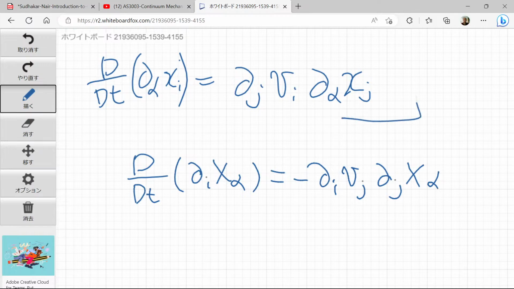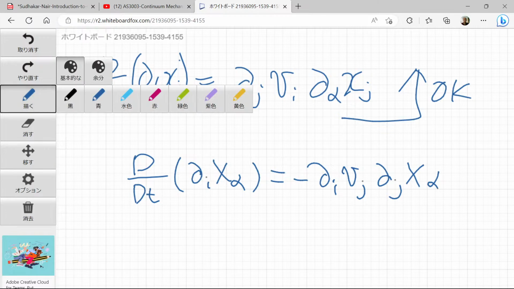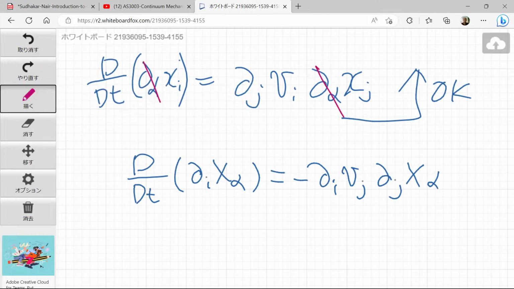I think this is okay. We understand. I just didn't understand why we have to drop. He eventually said he dropped this guy.